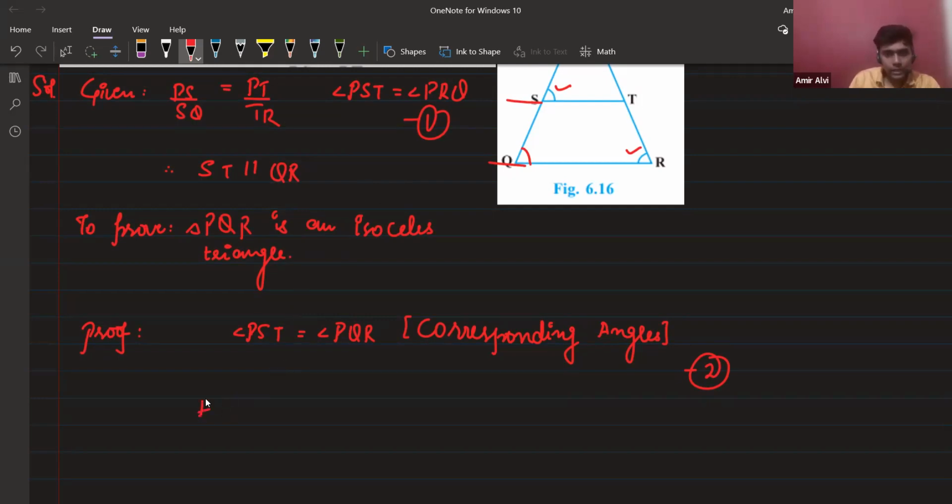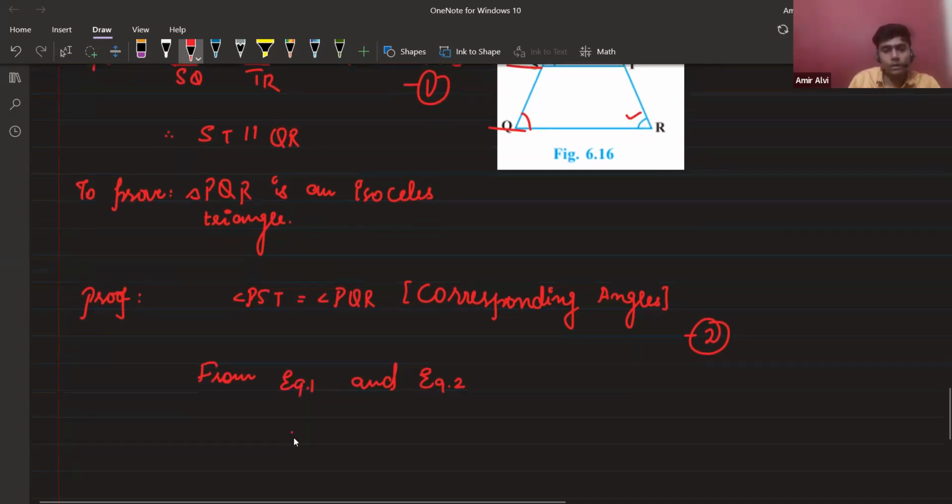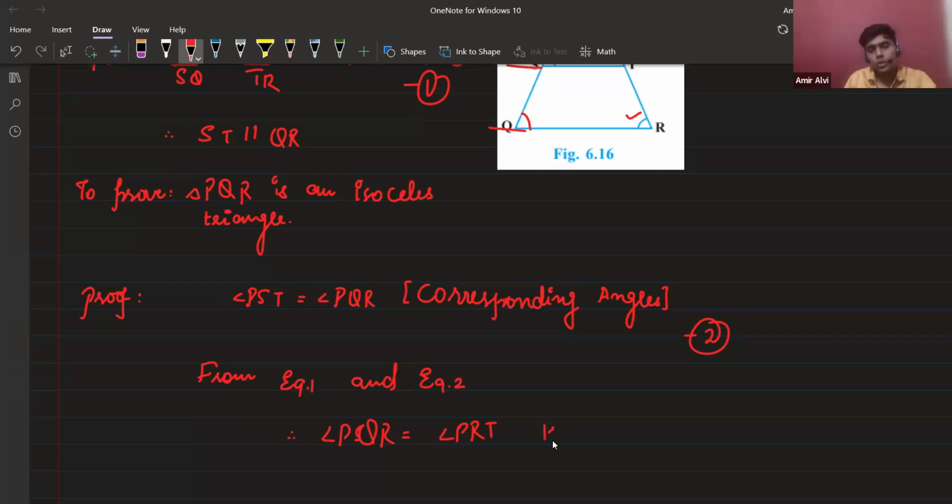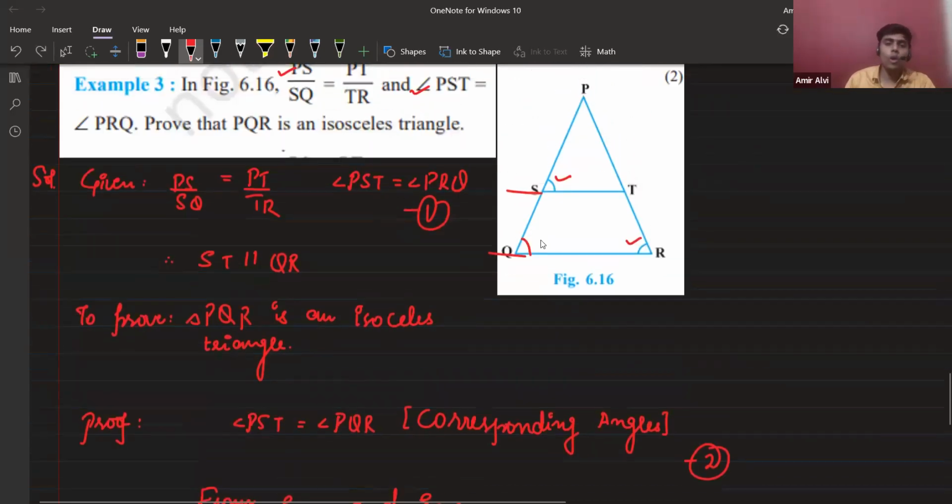So I can write from equation 1 and equation 2 that angle PQR is equal to angle PRQ. I've told you that if the opposite angles of a triangle are equal, it means that the triangle is isosceles.